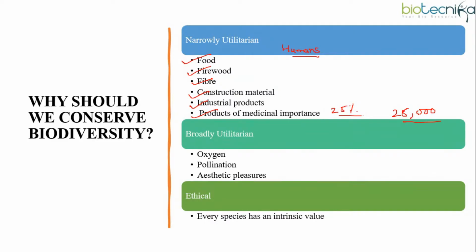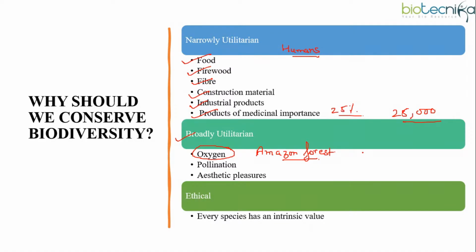Then coming to the broadly utilitarian argument, which says that biodiversity plays a major role in many ecosystem services that nature provides. We cannot deny that we get oxygen from plants, right? Again taking the example of the Amazon forest, just imagine how much oxygen it can produce through photosynthesis.